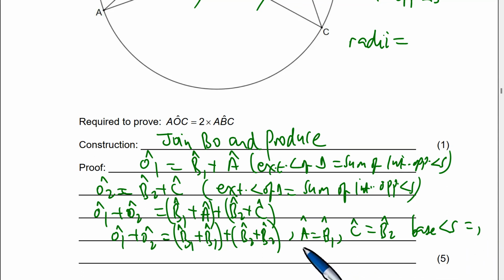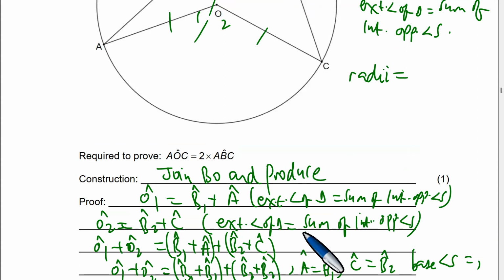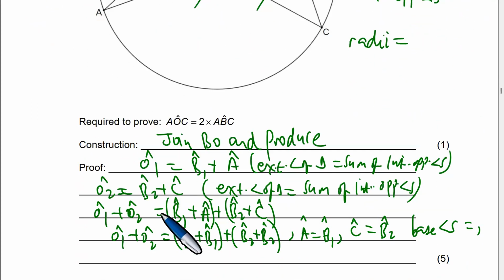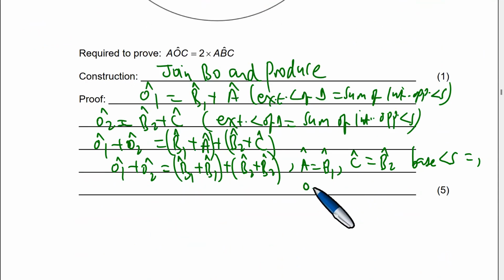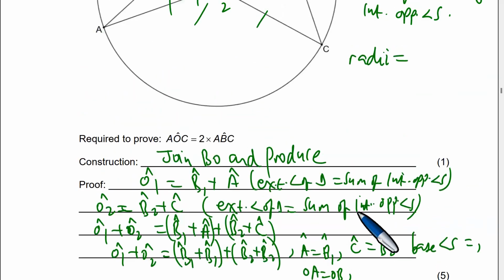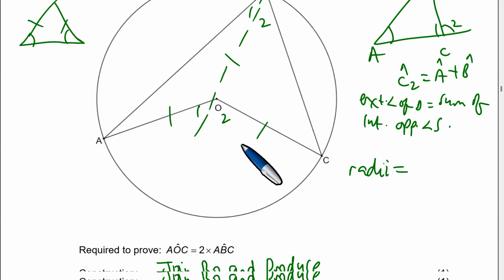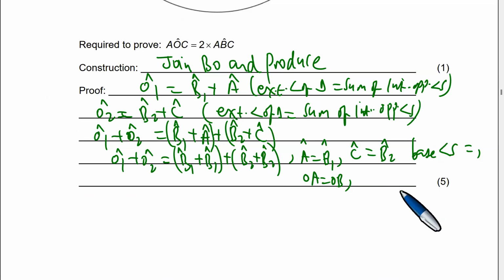Why is A equal to B1? Because OB is equal to OA, the radii. This is true because OA is equal to OB, and also OC is equal to OB, radii. Each one of them is a radius.